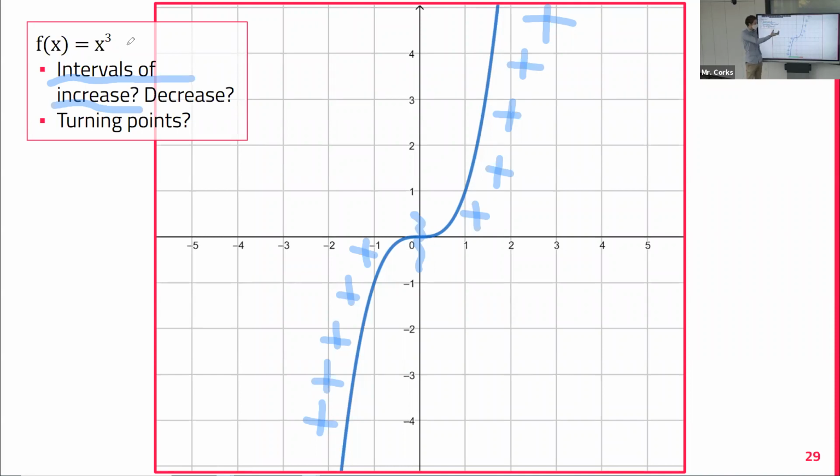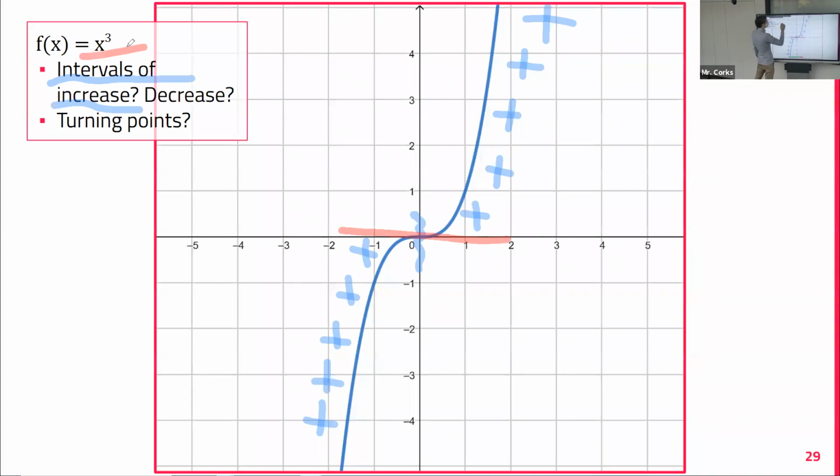It's not turning, we don't have a turning point. What's actually happening here is that the slope does go perfectly flat to 0, but then it starts going positive again. So it kind of tricks us. It looks like it's going to turn, but then it doesn't, and it just keeps going the same way it was going before.